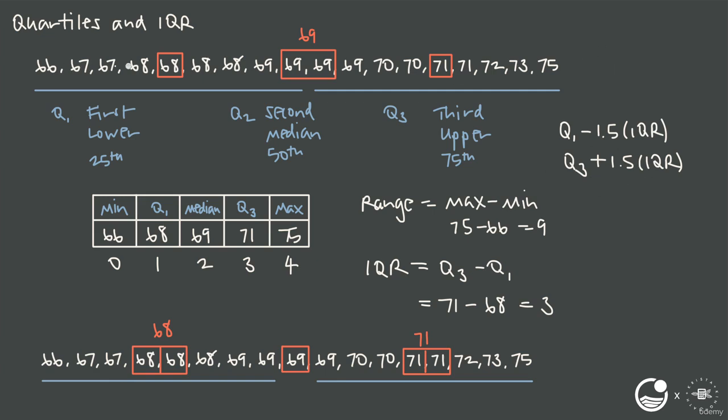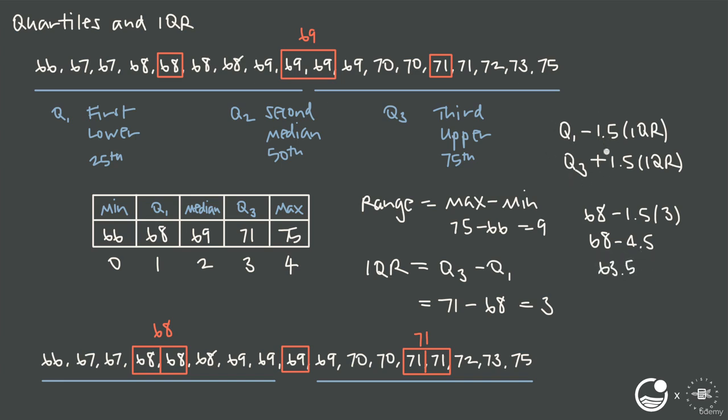So you can imagine with this data set right here, we said that the first quartile was equal to 68. So let's say 68, and then we'll say minus 1.5 times the IQR, which we calculated to be 3. So we have 68 minus 4.5, which gives us a value of 63.5.